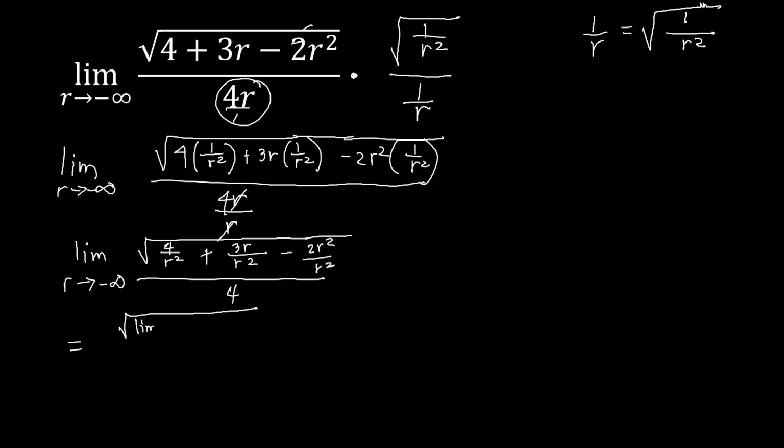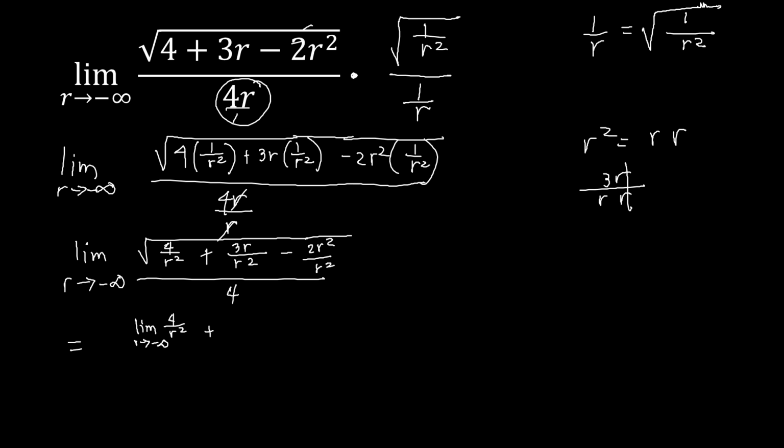So limit of 4 over r squared as r approaches negative infinity, plus your r here can be canceled. If we cancel 1 r here, because r squared is actually equivalent to r times r, we have 3r over r squared, which is r times r. Canceling 1 r here, we are left with 3 over r, and again we still have a limit for that.